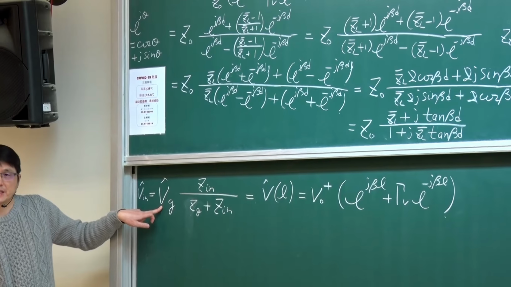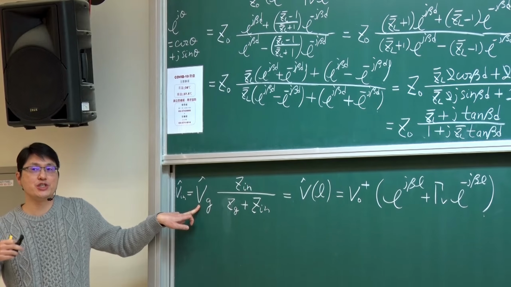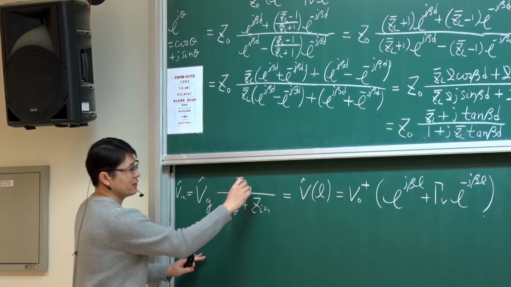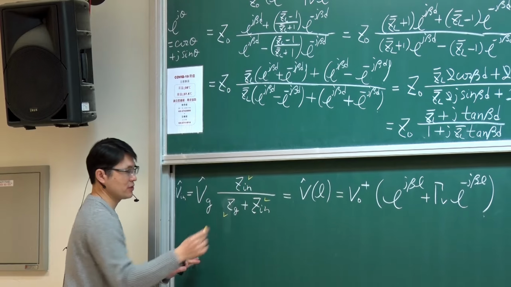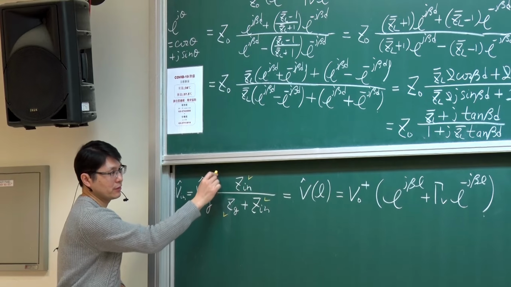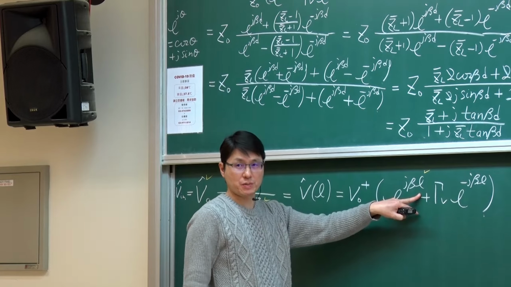So let's check. This is given, right? I know my generator voltage phasor, and Zin is known, generator intrinsic impedance known. This is known. I know my length. I know my transmission line.